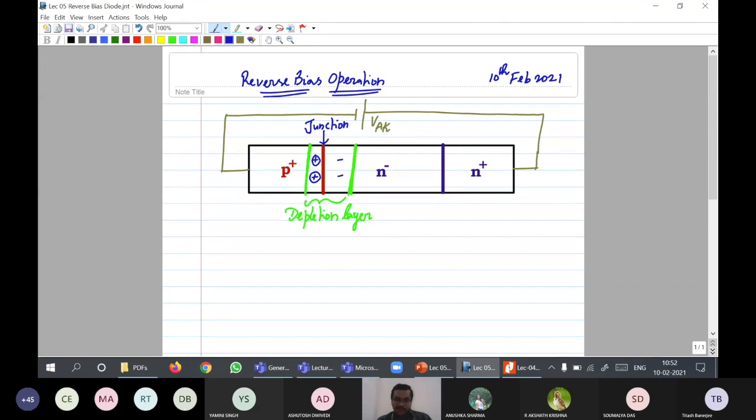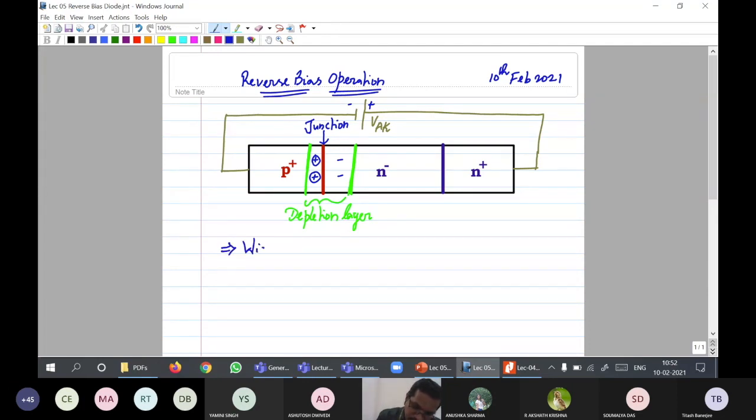Now, under this state, we are applying a negative voltage. The negative polarity of the battery is connected to the anode of the diode. Therefore, the applied negative bias will attract the holes away from the junction. Resultantly, the depletion layer will grow in thickness. So the moment negative bias is applied, the width of the depletion layer is going to increase.